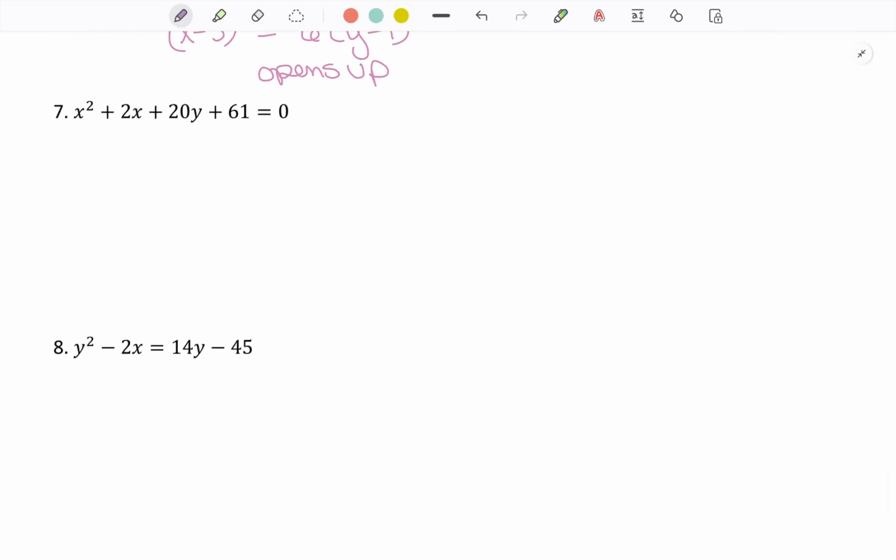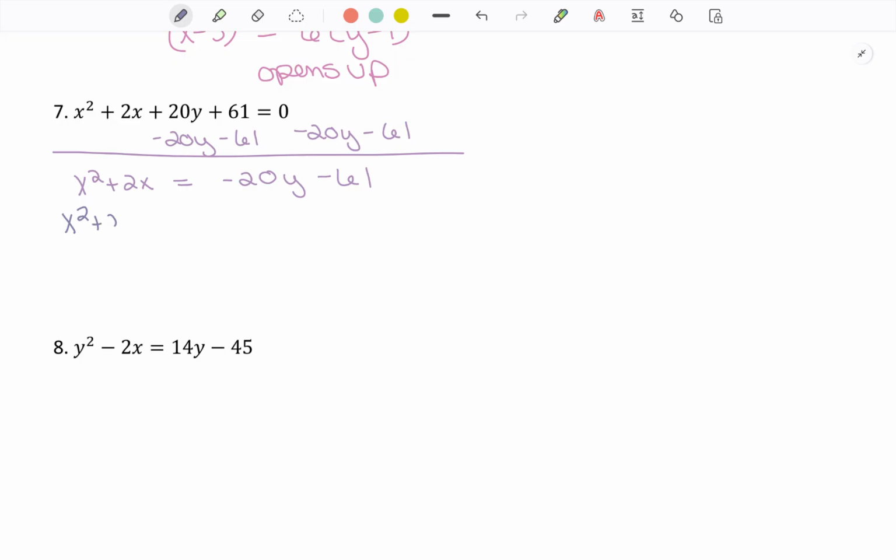So for number 7, we are looking at an x squared. So we're going to leave all the x's on this side and move all the other terms. So we have x squared plus 2x equals negative 20y minus 61. And then we're going to have x squared plus 2x. We're going to have to complete the square. And so we are going to have to add 1 to each side.